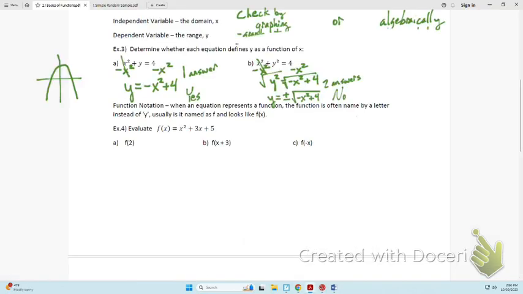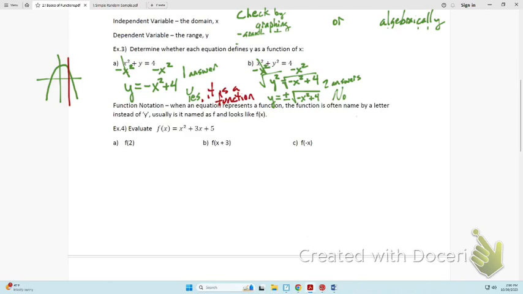So 3A passes the vertical line test. Yes, it is a function. Please show me a reason, though. Show me a graph or the algebra. All right.